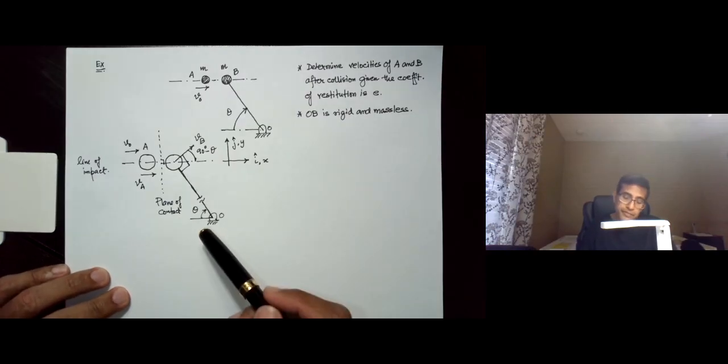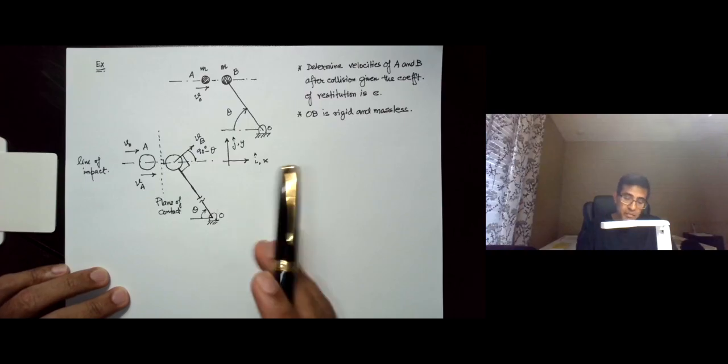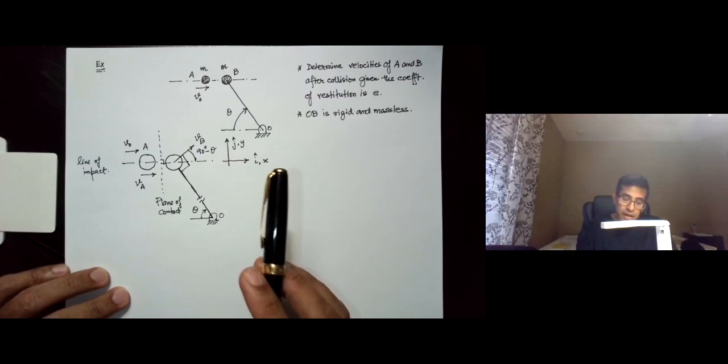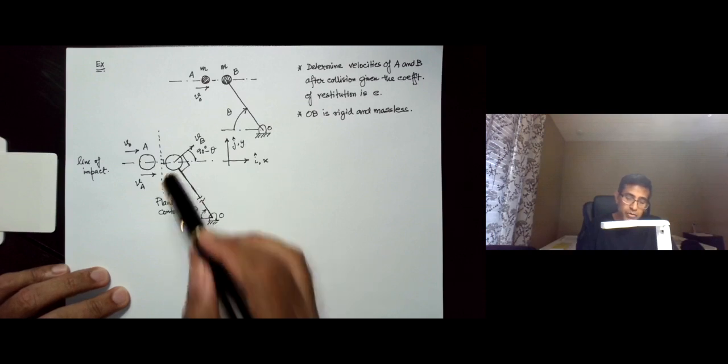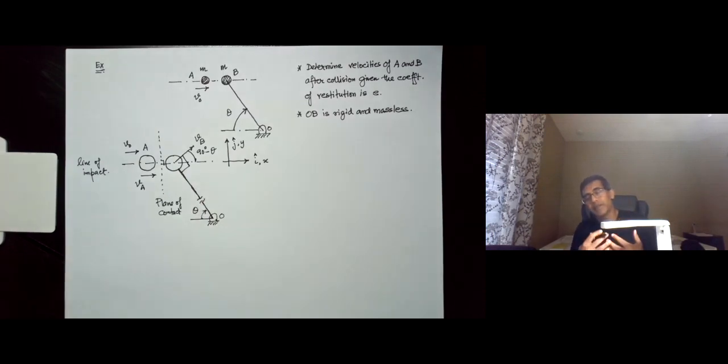We will show it when we consider impulses. But because you have an infinite inertia coming into the picture, your conservation of linear momentum equation becomes unusable. It's still valid, but it's unusable.